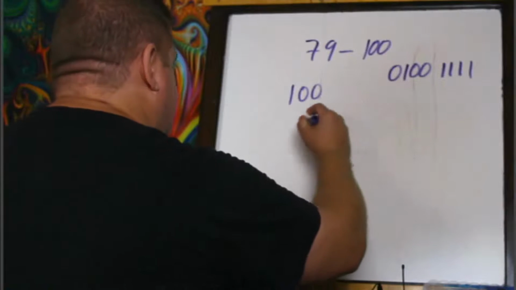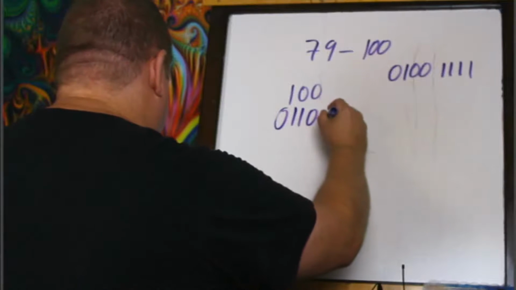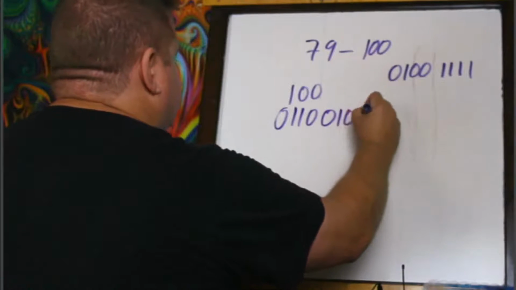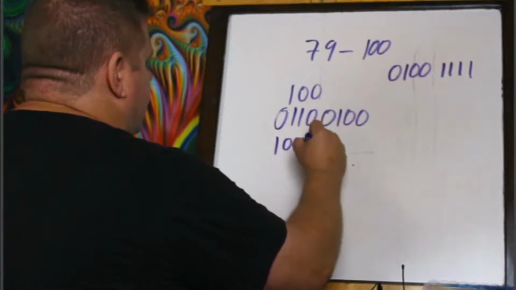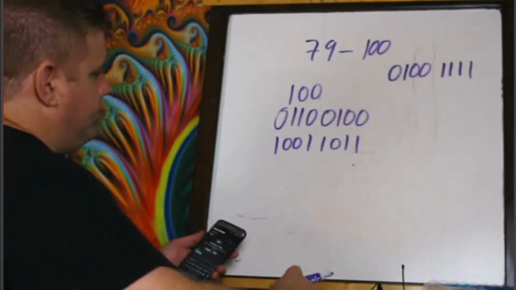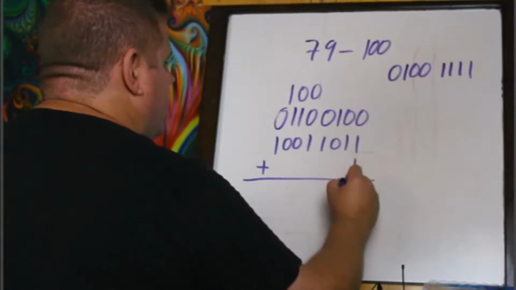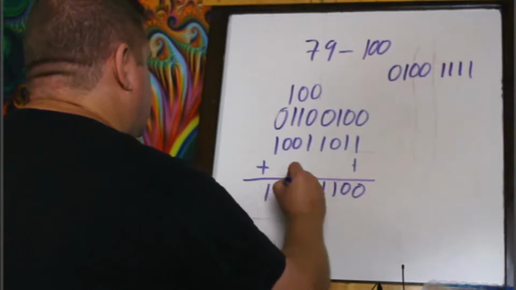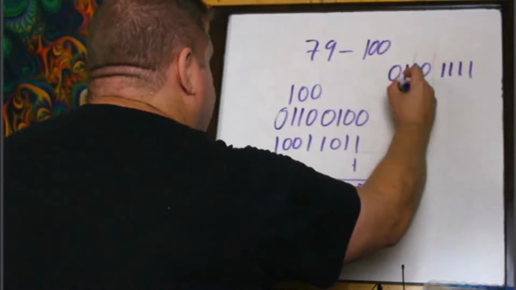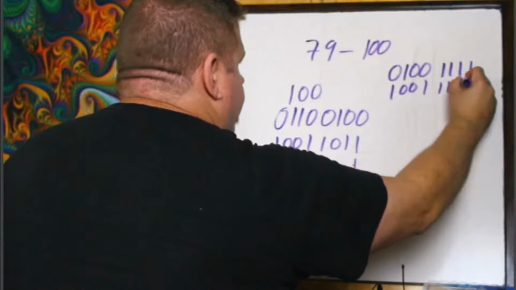And I get 0, 1, 1, 0, 0, 1, 0, 0. Okay, so go ahead and invert it all. 1, 0, 0, 1, 1, 0, 1, 1. Add 1 to it. Carry the 1, carry the 1. Okay, so this is 1, 0, 0, 1, 1, 1, 0, 0.